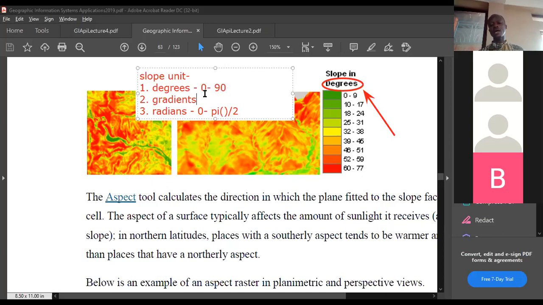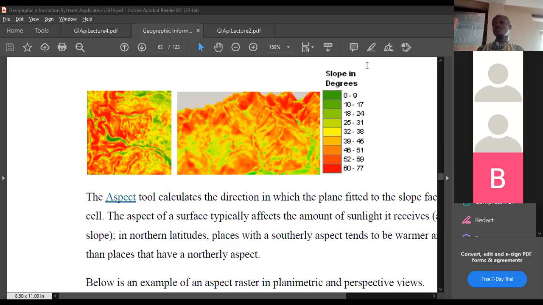You can take your calculator and work out the gradients: type in 90 degrees and convert it to gradients. Radians can be obtained by dividing delta y over delta x. Please go and revise how slope is determined. Use your calculator and you'll be fine.